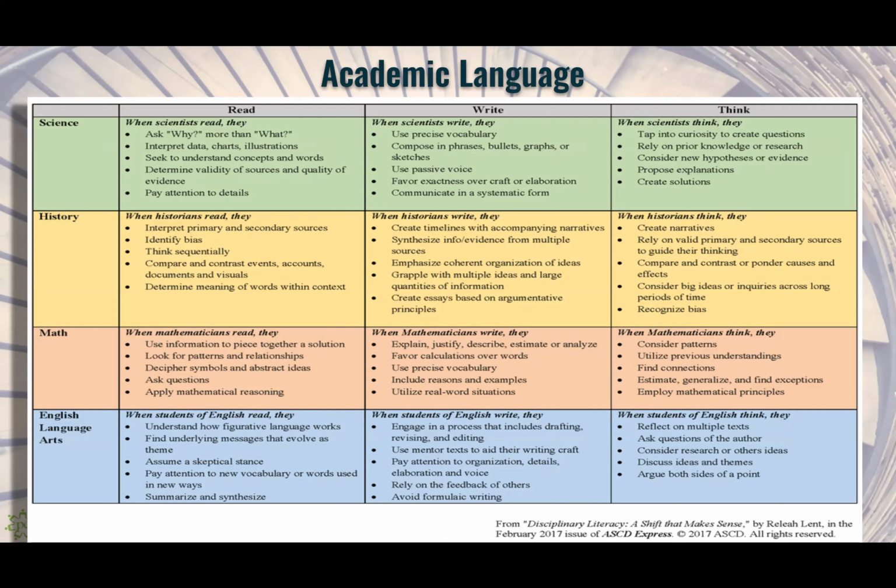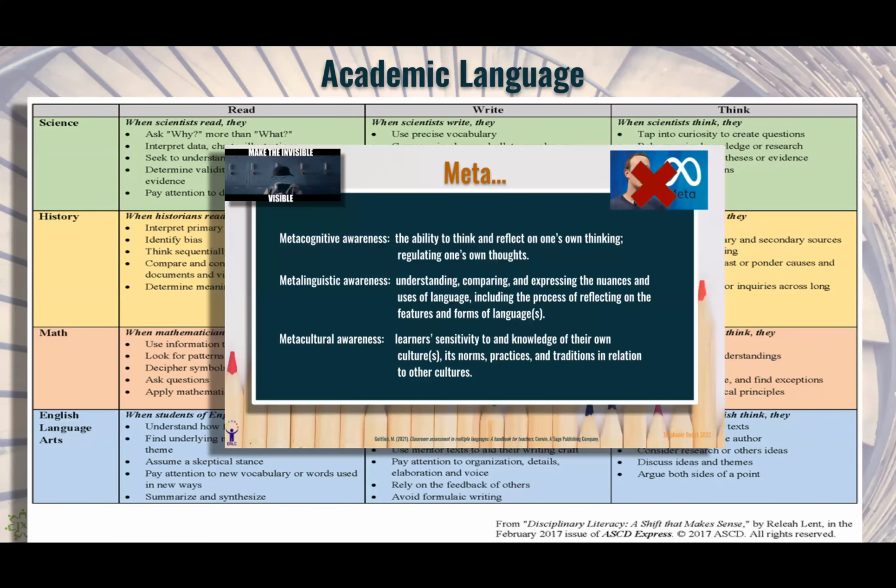So how can we make that a little bit more apparent for our students, that when we're using science language, science speak, this is the way that scientists talk, and this is the way they write, and this is the way they think, that meta piece as well. And what can we do in math, history, English language arts? Again, that meta piece, right?